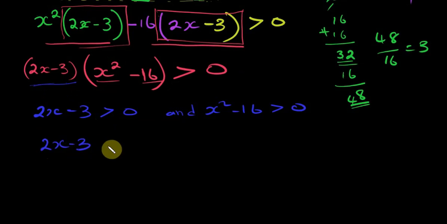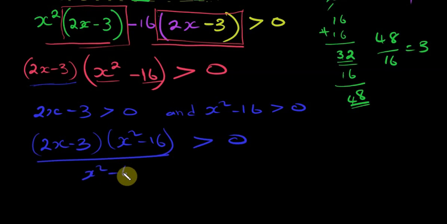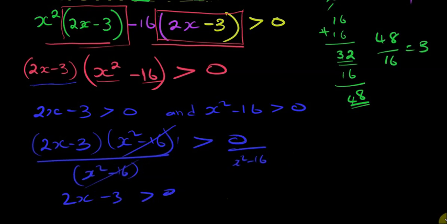We wanted 2x minus 3 to be alone on this side, so we divide everything here by x squared minus 16. What you do on one side of the inequality, you do on the other side. This and this will cancel out. You have 1 there. Then 0 divided by this will give you 0. That's how you end up with 2x minus 3 greater than 0.